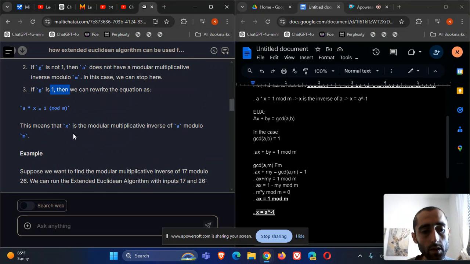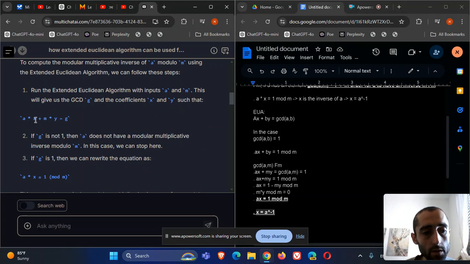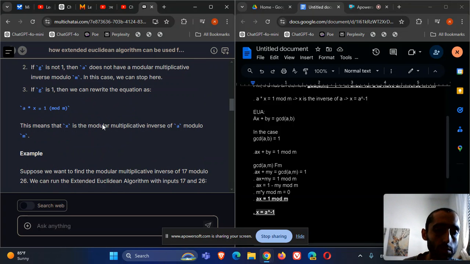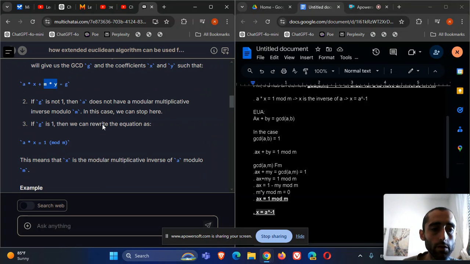And the part my, modular M, is just 0, because we are multiplying M by an integer y. So you can just get rid of it, and we are left with ax equals 1 modular m. This is the definition of an inverse, so x is the inverse of a.